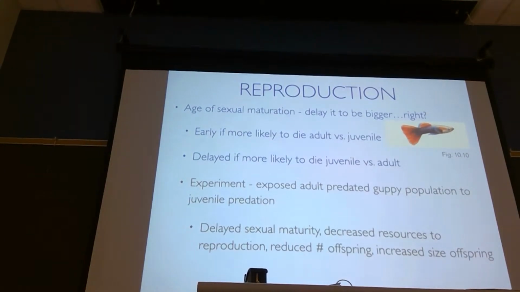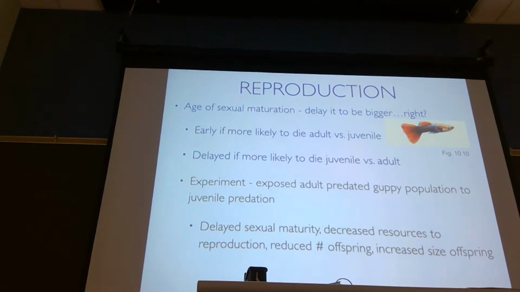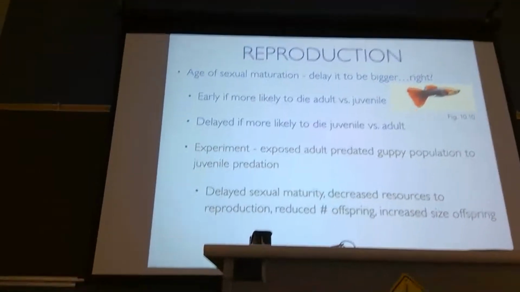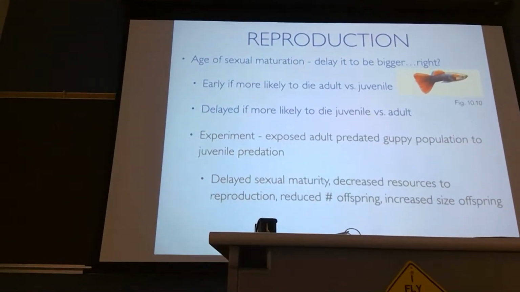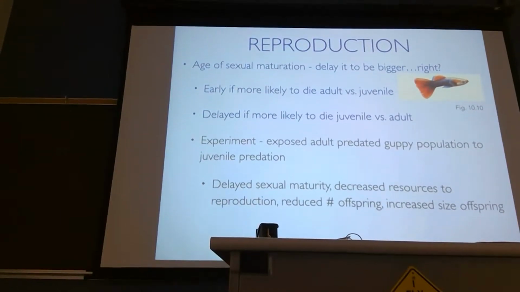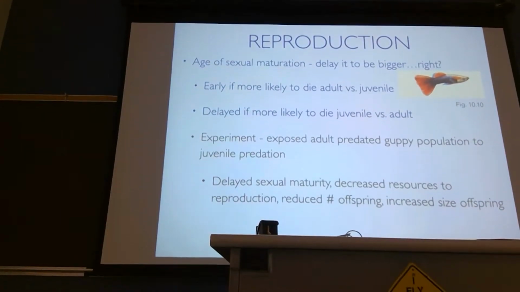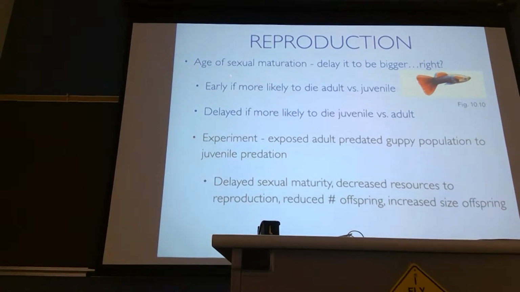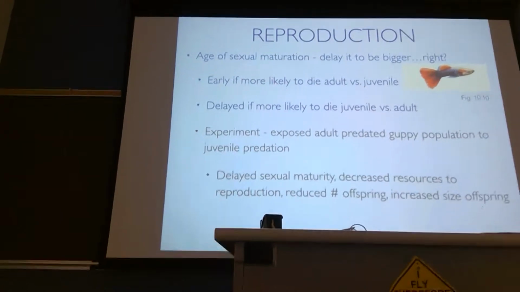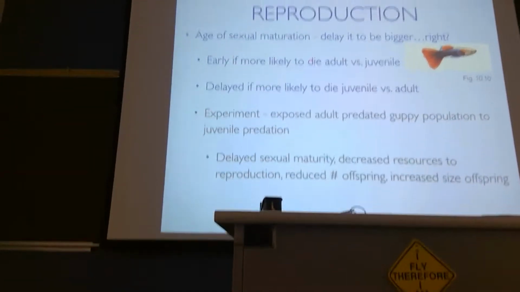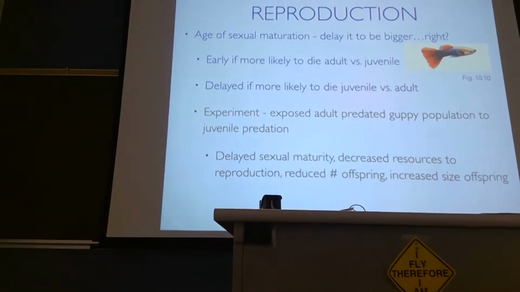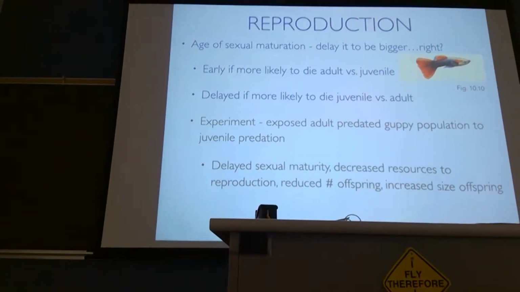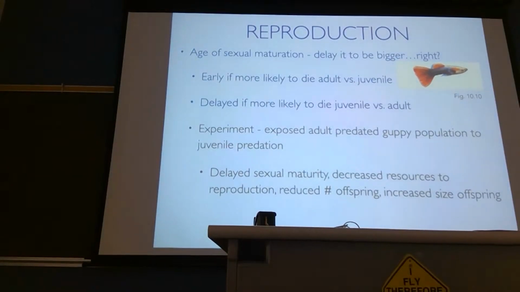What we saw with these little guppies in the experiment that's in our textbook is that they took a population that was experiencing adult predation. And so they were having lots of early reproduction because the adult predation rate was high. And they took these fish and they put them in a pond with high juvenile predation.